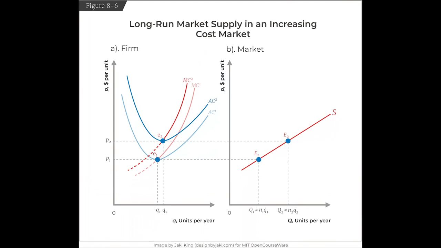The market equilibrium used to be at point E1, with n1 firms producing Q1, little q1 units per firm.